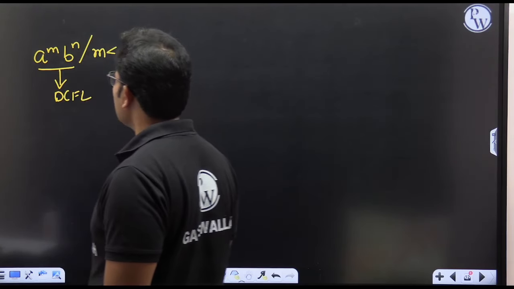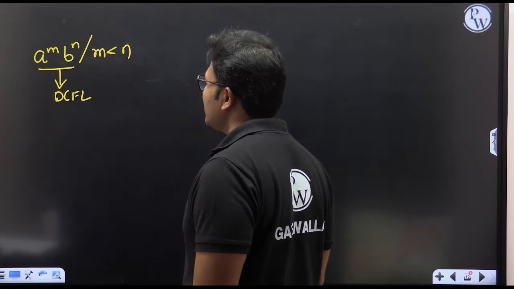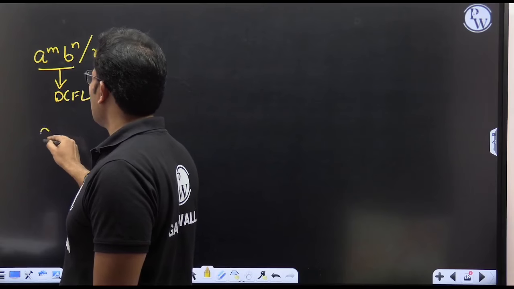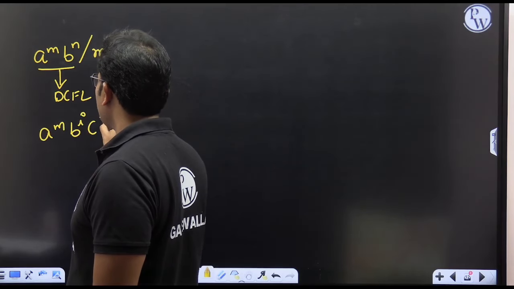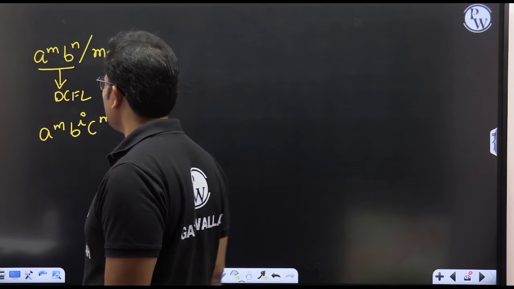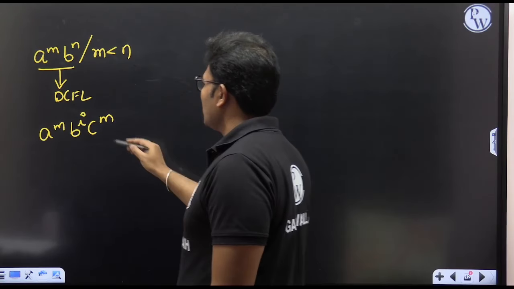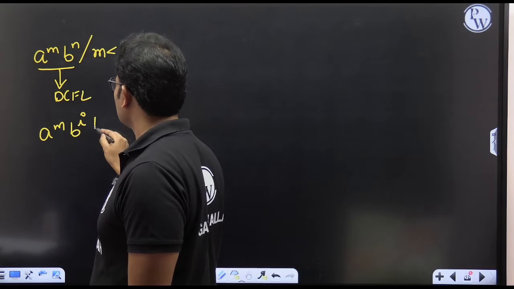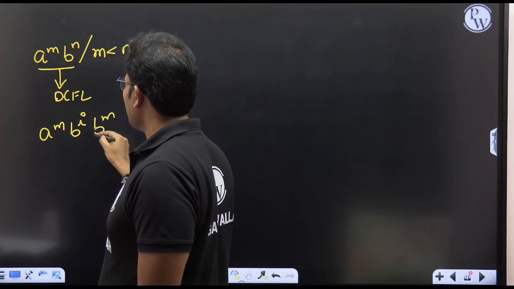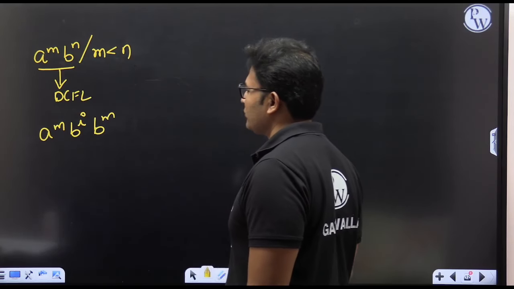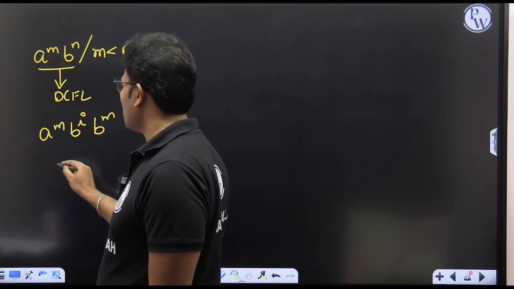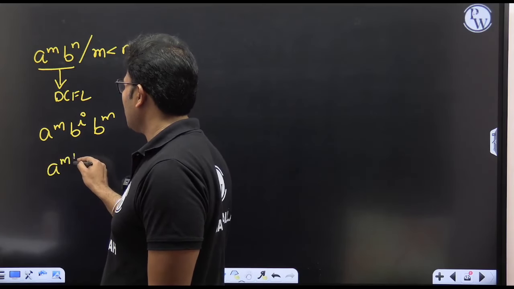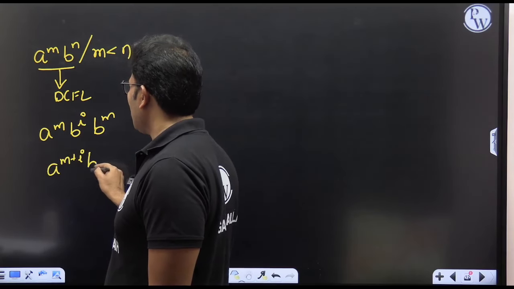Sometimes they will give it in a different form. They will say a^m b^l c^m, a^m b^m b^l b^m, a^m b^l b^m, right? They will give it like this. Then what are you going to do? You are going to combine them: a^(m+l) b^m.